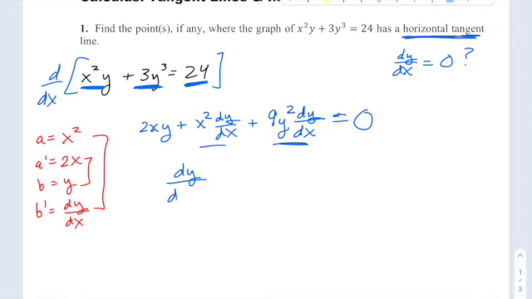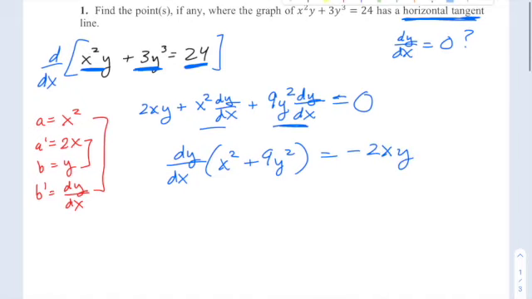I'm going to factor dy dx out of these two terms and move that 2xy to the other side by subtracting. So I should have negative 2xy on the other side. And now I simply divide by that quantity. dy dx is equal to negative 2xy over x squared plus 9y squared.